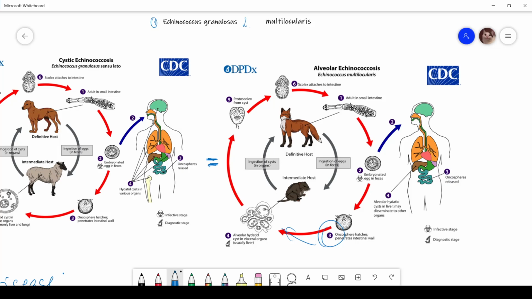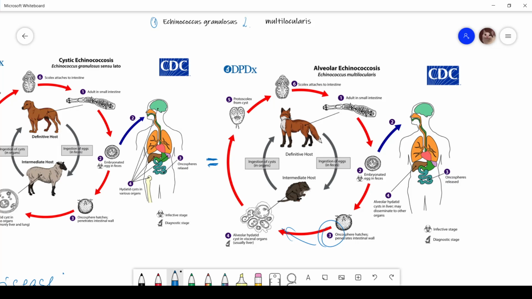The definitive host becomes infected by ingesting the cyst-containing organs of the infected intermediate host. What is the difference between the Echinococcus multilocularis and Echinococcus granulosus life cycle? There is no difference.